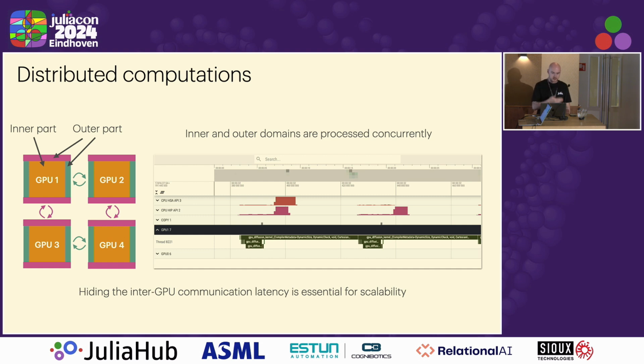And the standard way to do this is to use what is called non-blocking communication and to decompose the domain into inner and outer parts, where the outer part finishes first because it has a lower volume, and the inner part is the bulk of the computation, which is this upper line. You can see these shorter green lines below the long green line.